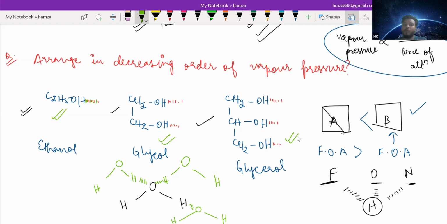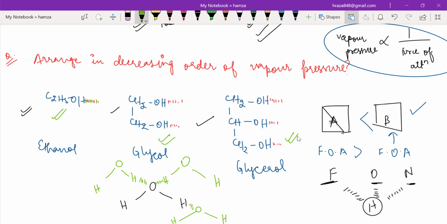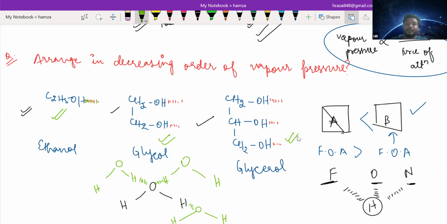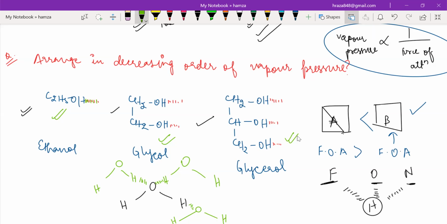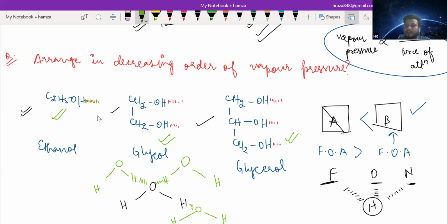If bonding is more, then force of attraction is also more. Yes or no? Yes, sir. So if force of attraction is more, then vapor pressure is less. Yes or no? Yes. Now with only one hydrogen bonding, the force of attraction is lower, which means vapor pressure is greater. In the same way, this is our answer.